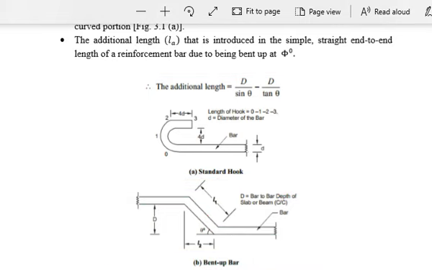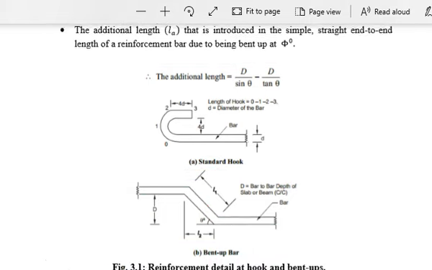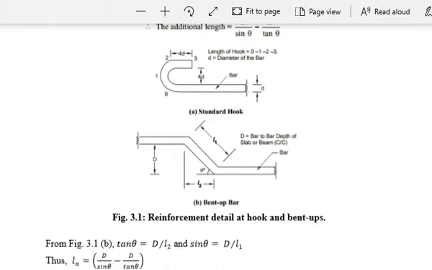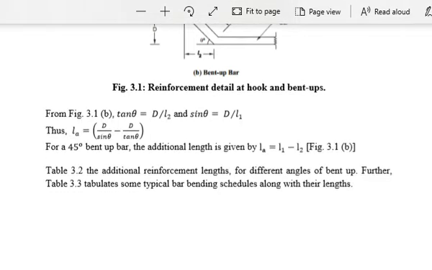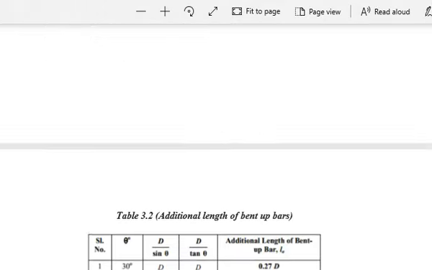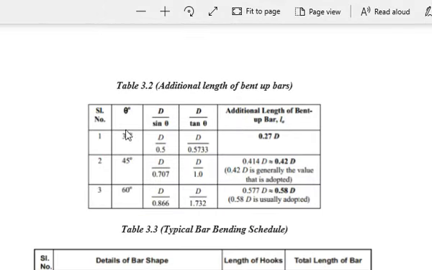Now come to the quick discussion for that. I already covered it. See this table.